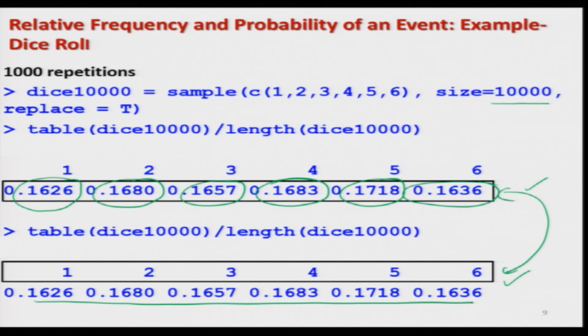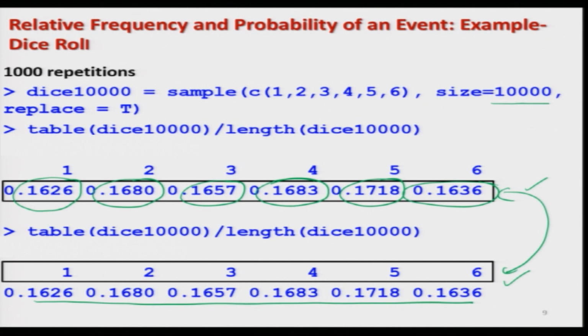So, at 10,000 repetitions, I can see that these values are very close to 0.16, right. So, this indicates that possibly the probabilities of observing 1, 2, 3, 4, 5 or 6 are very close to 0.16 or 0.17, something like this in some of the cases.